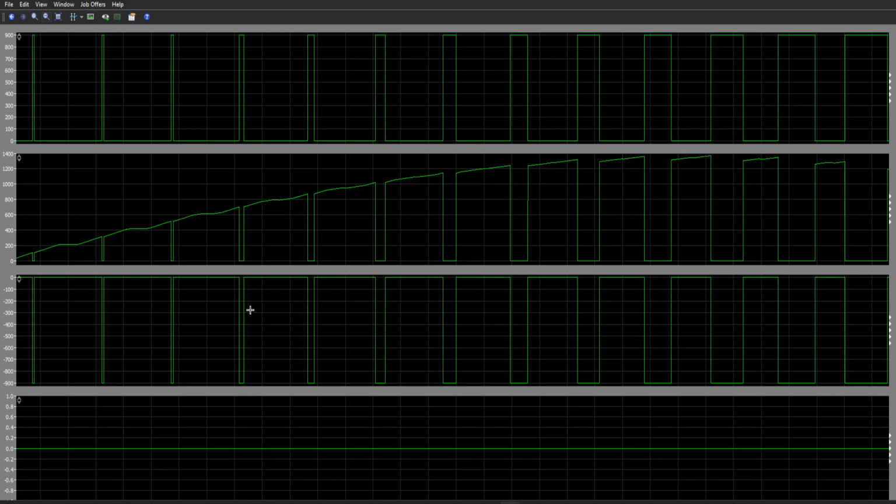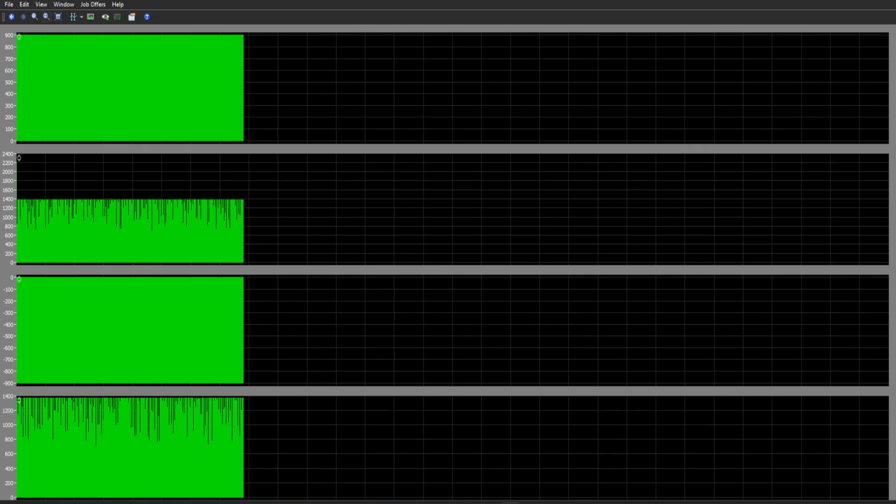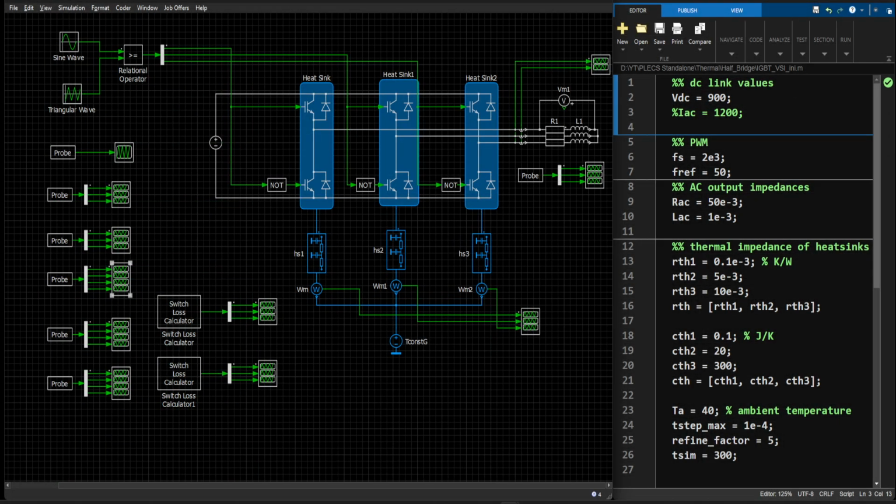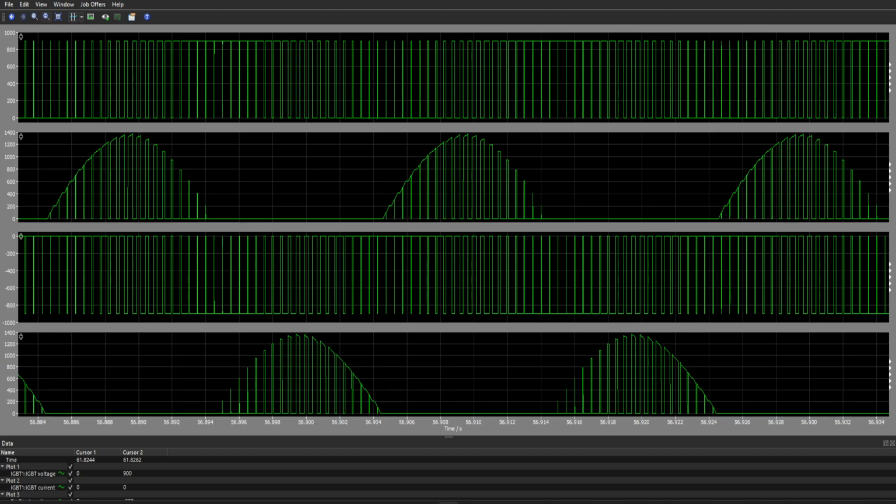These are the voltages. You see when the IGBT is conducting at 0 volts, no, I have to check again. It took me a second to look into the curves again.